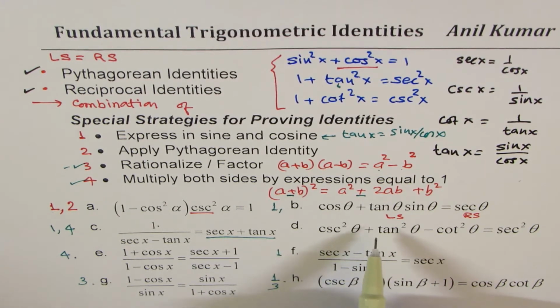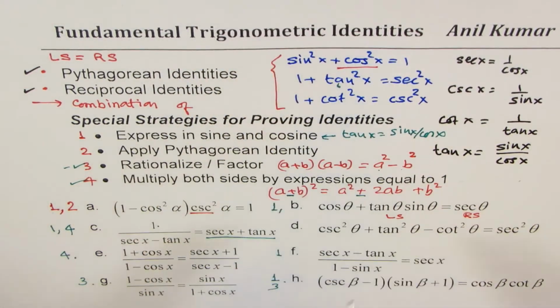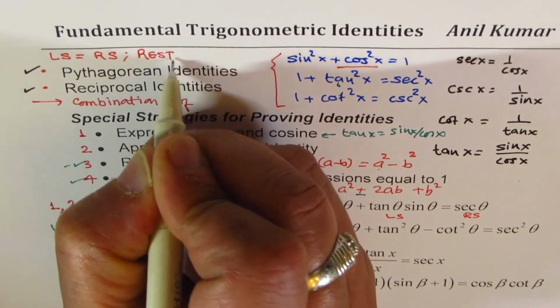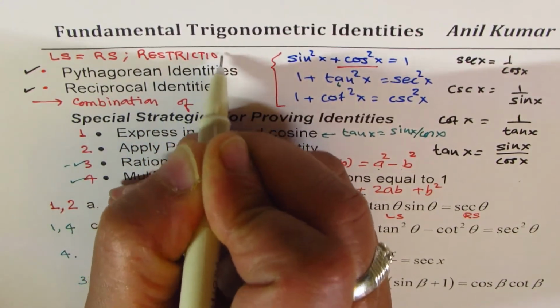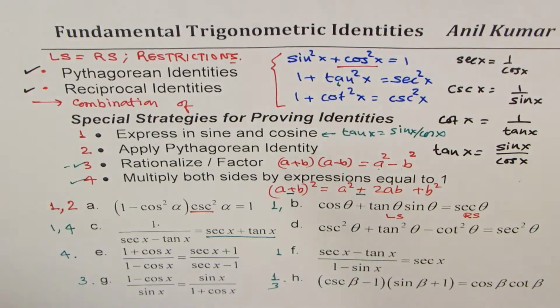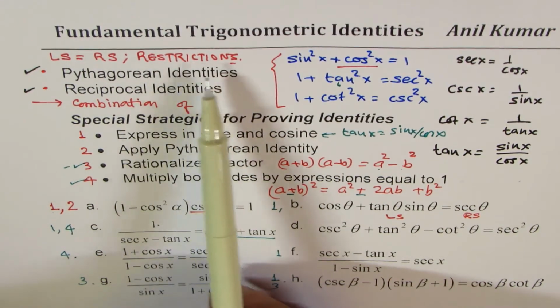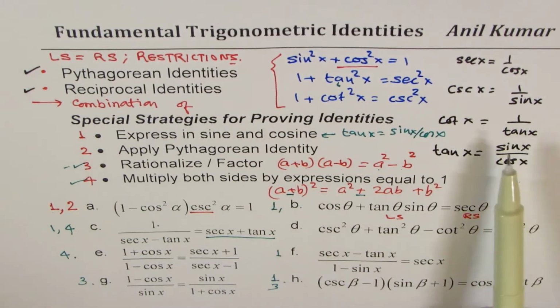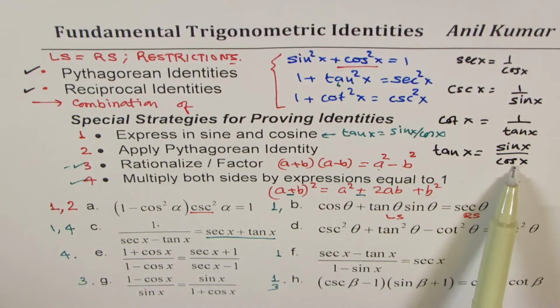Also remember that every trigonometric identity has restrictions. So second thing to remember is restrictions. Now, we do not mention restrictions while proving. They are understood. For example, when I write tan x, I know cos x cannot be 0, right?